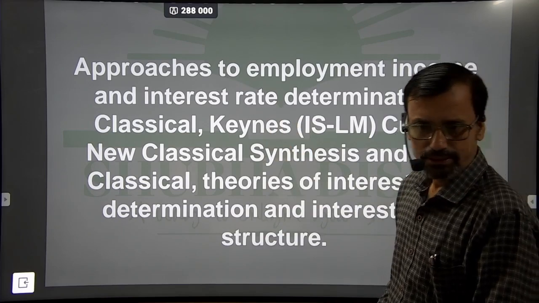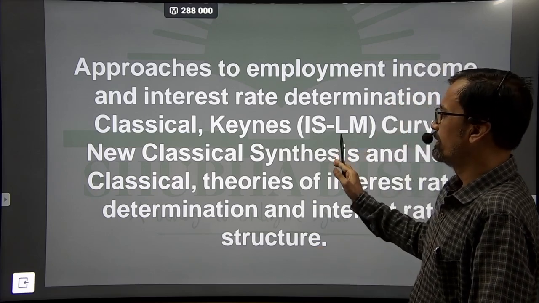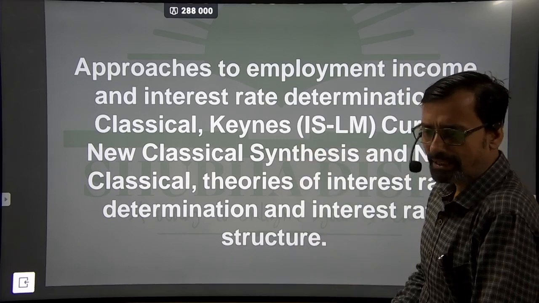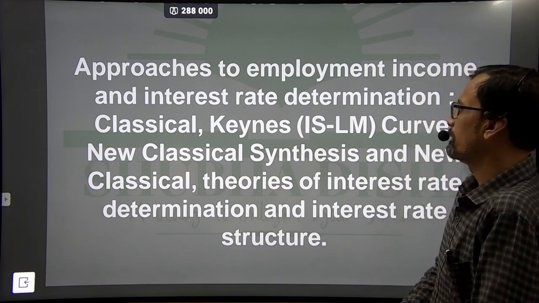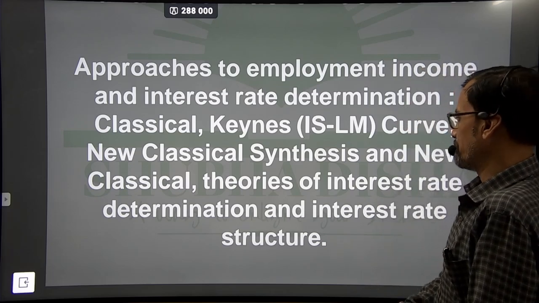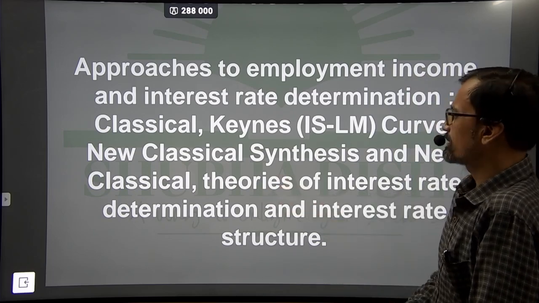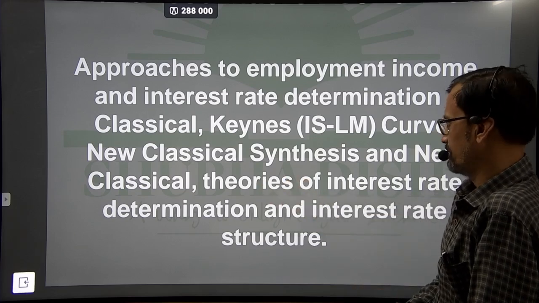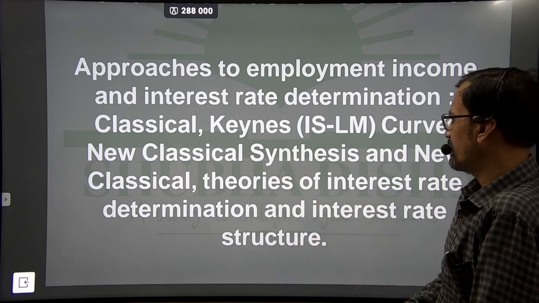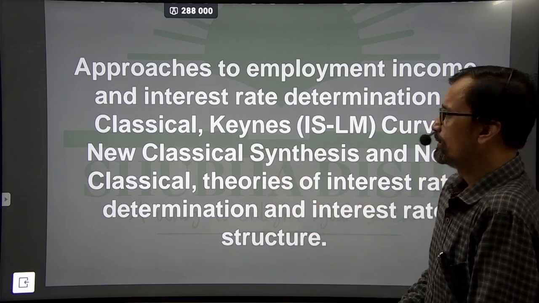But you must keep in mind one thing: in order to understand IS-LM, Keynes's versions of aggregate demand and aggregate supply are to be understood very carefully. Apart from this, the syllabus mentions the new classical synthesis, new classical theories of interest rate determination, and interest rate structures.